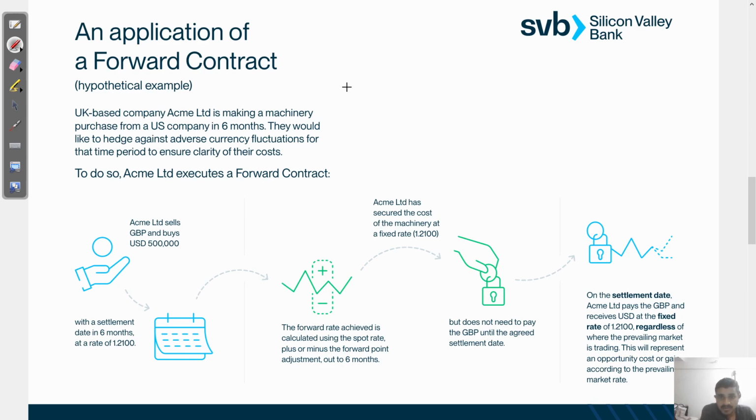Now we have two companies. One company is Acme, which is present in the UK, and we have another company that is present in the US.